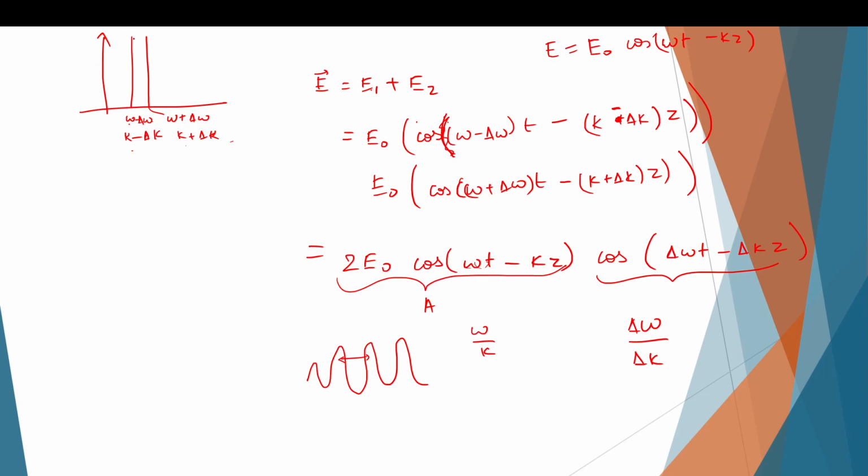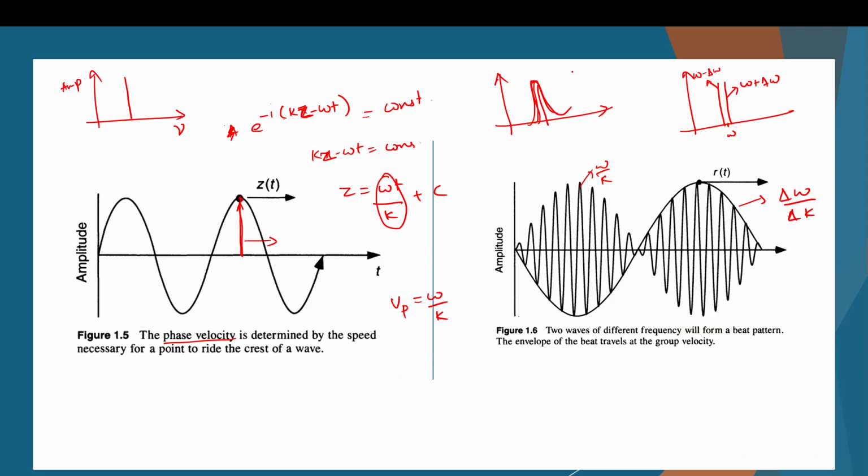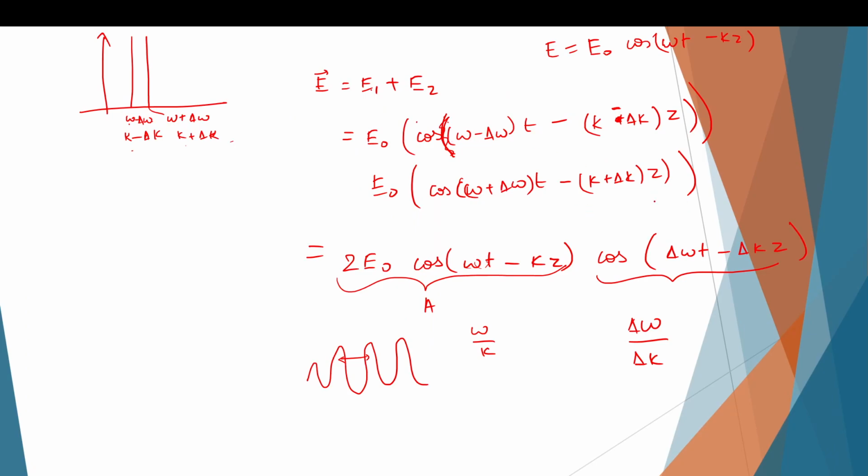In general we won't have just two frequency components, we'll have multiple frequency components around this frequency omega. The group velocity is defined as delta omega over delta k, in the limit delta omega goes to 0. That is the definition of group velocity.